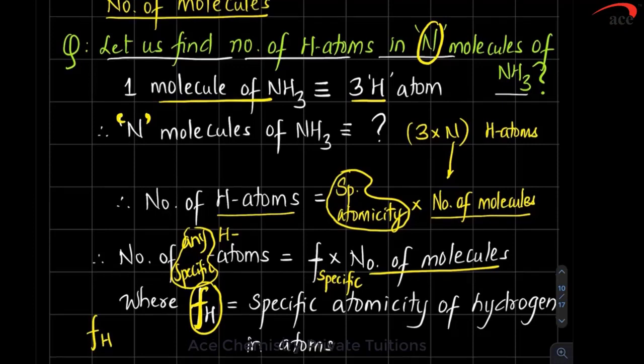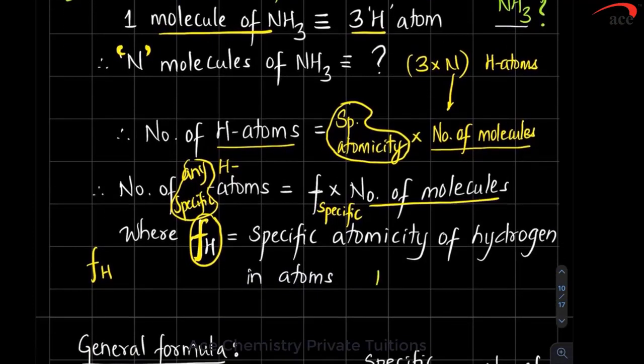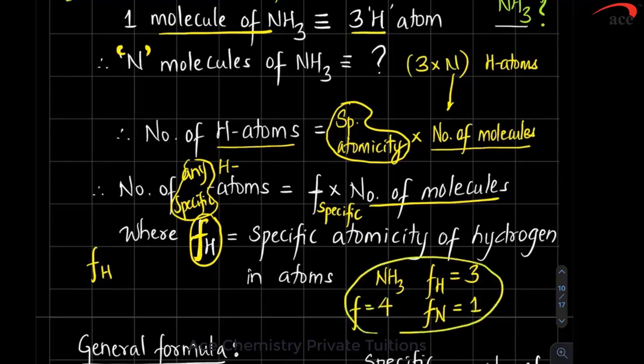So can somebody tell me the specific atomicity of hydrogen in ammonia? It is 3. What is the specific atomicity of nitrogen? The answer is 1 in ammonia. What is the atomicity of ammonia? Correct, 4. I suppose you understood.